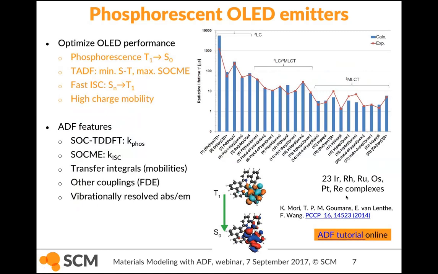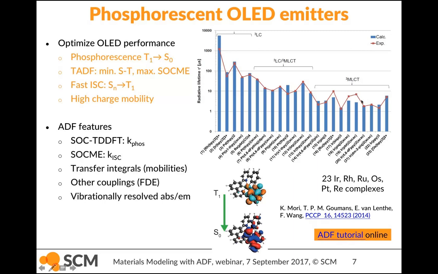So if you want to optimize your OLED performance, one thing that you want to optimize is your phosphorescence rate. And for that, you need to be able to include spin-orbit coupling with the excitation properties. And here is a paper that describes that this works well for a range of complexes spanning the 4D and the 5D transition metal complexes, where in blue is the calculated radiative lifetime of the triplet relaxing to the singlet state, and in red is the experimentally measured lifetime.